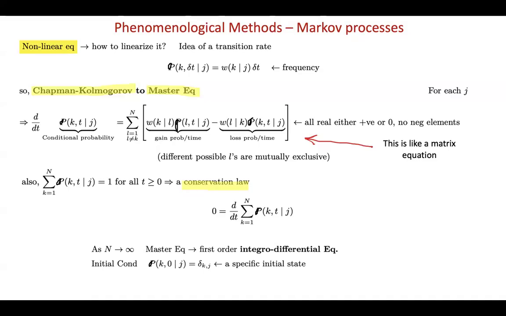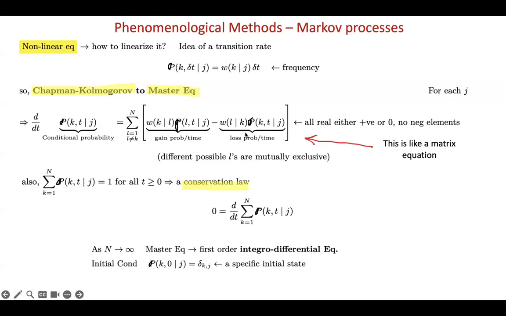The idea of stochastic processes is embedded in here. And it is written in terms of transition matrices, much like in quantum mechanics. So this is like a transition matrix where you're going from L to K.